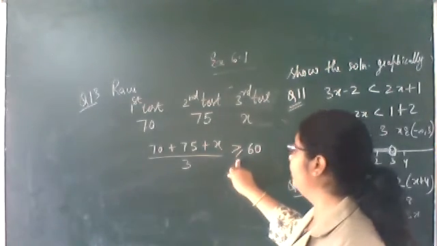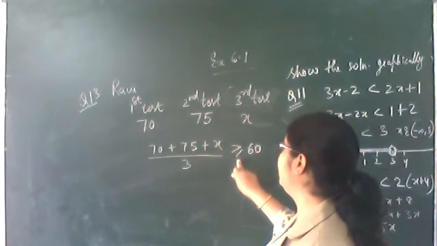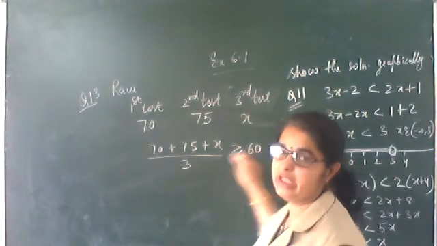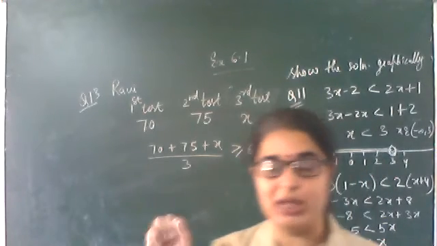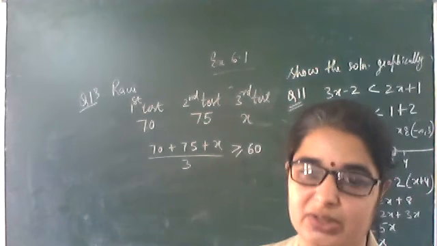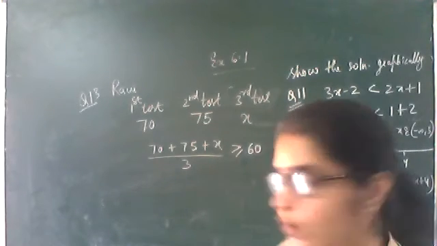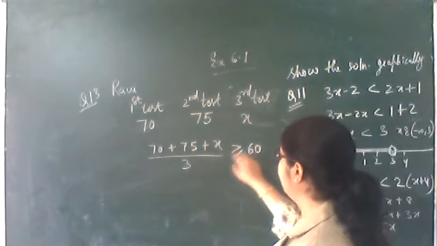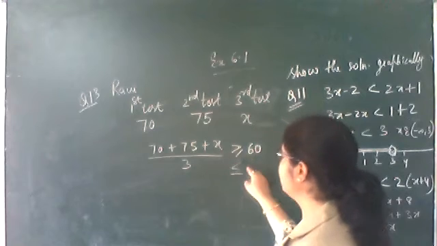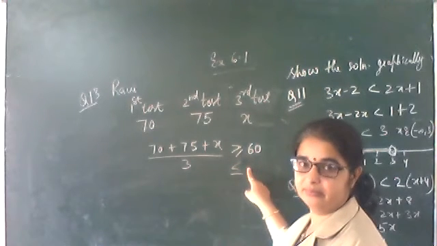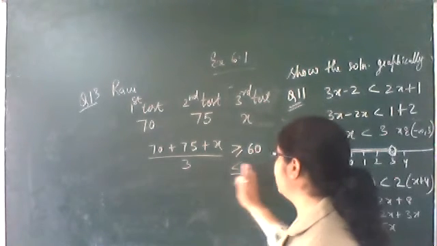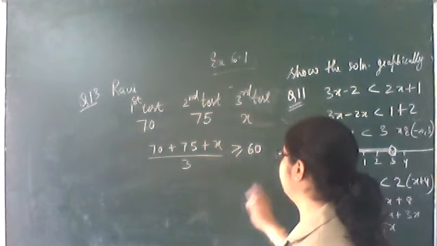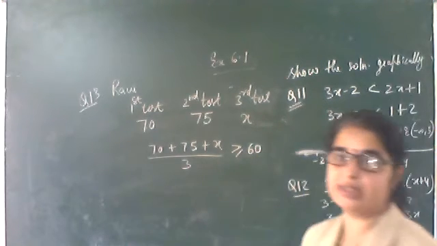This should be noted down that it should be greater than or equal to 60, or at least. क्वेश्चन में कंडीशन दी हुई है. अगर हम ये लगा देते तो ये हो जाता ज्यादा से ज्यादा, एट मोस्ट. बट हमारे पास क्वेश्चन में एट लीस्ट है.